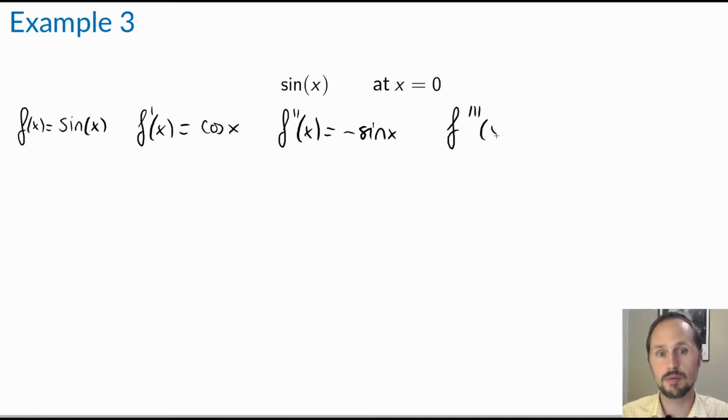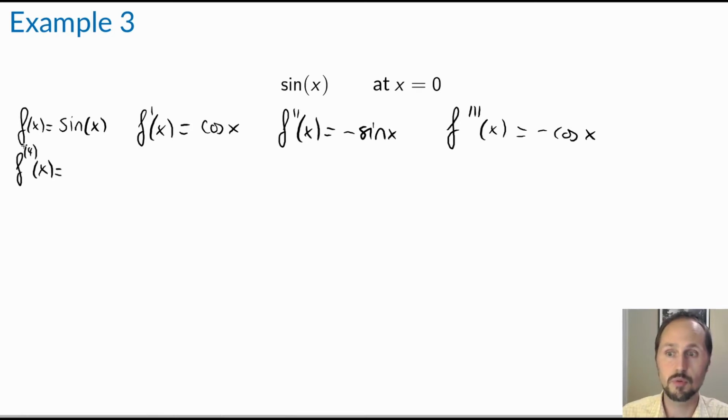F triple prime of x is going to be minus cosine x. And now if I take the fourth derivative, f superscript 4 in round brackets, that's going to give me sine x. The fifth derivative, I'm going to take the derivative of sine x, I'm going to get cosine x again.